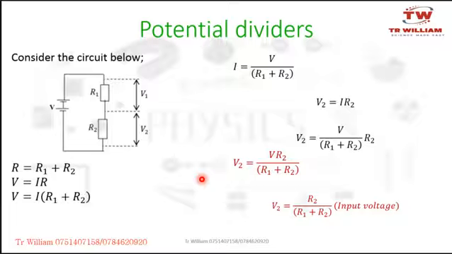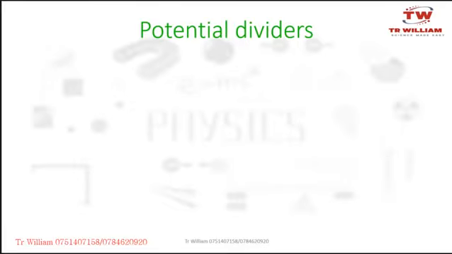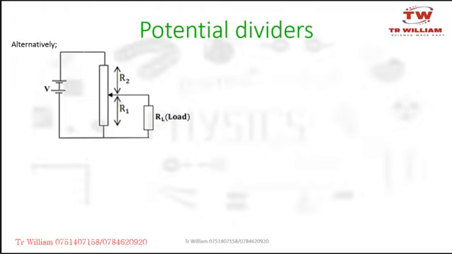So let's look at the alternative. We may have a circuit in this way, whereby I'm supplying here my input voltage, and here I have my two resistors, R1 and R2.